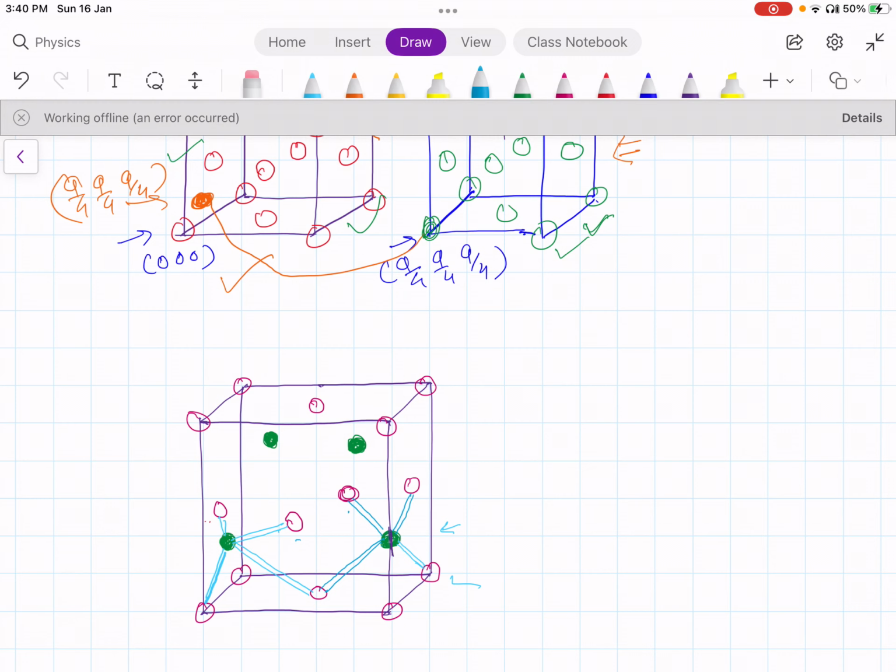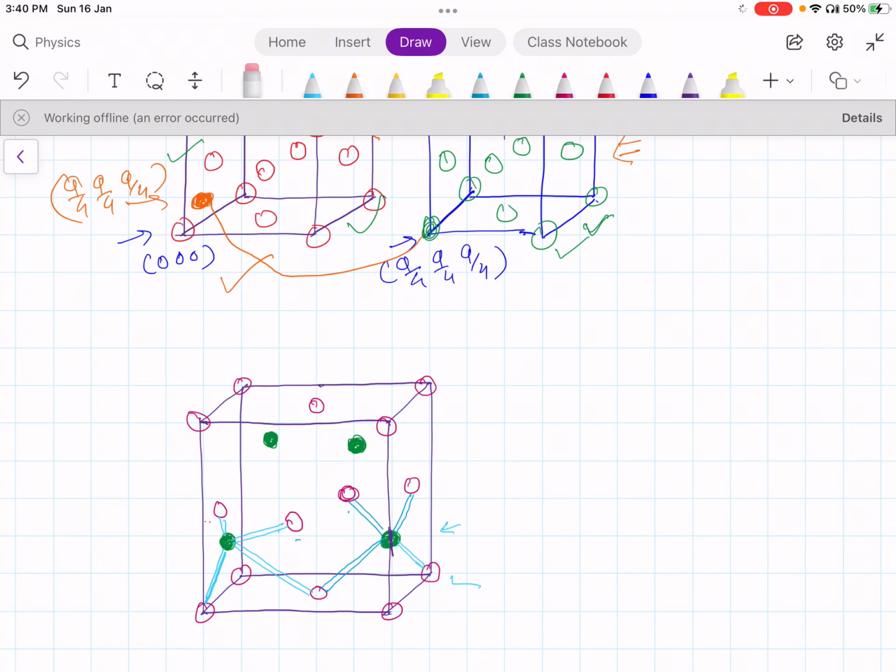Then let us consider this atom over here. This is along the body diagonal drawn from this atom to this atom. So it is obvious that this atom is close to the front surface.